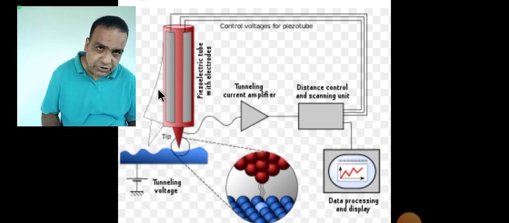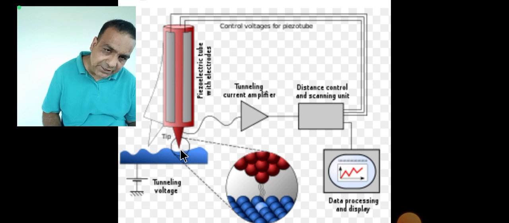Due to the proximity between the tip of this probe and the sample surface, and the applied voltage, quantum mechanical tunneling occurs. Quantum mechanical tunneling allows the electrons to pass through the potential barrier formed by the small gap between the tip and the sample.